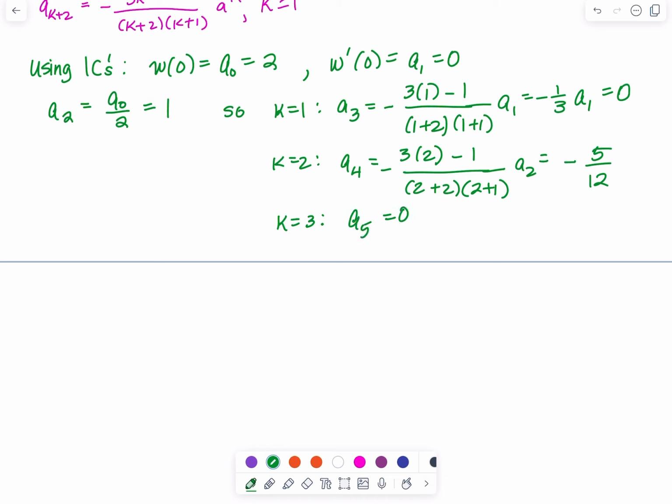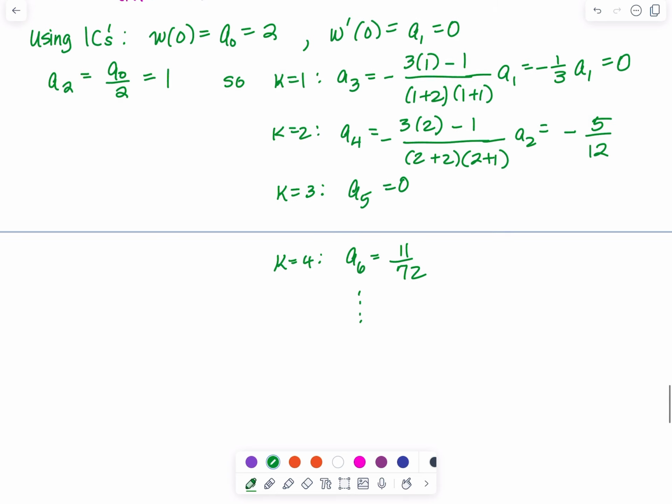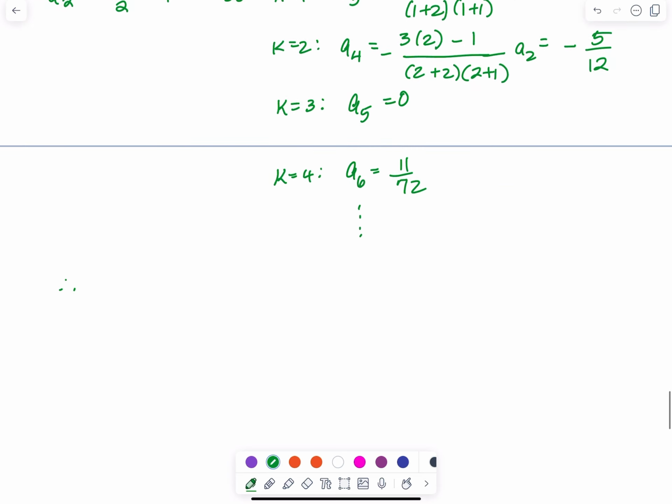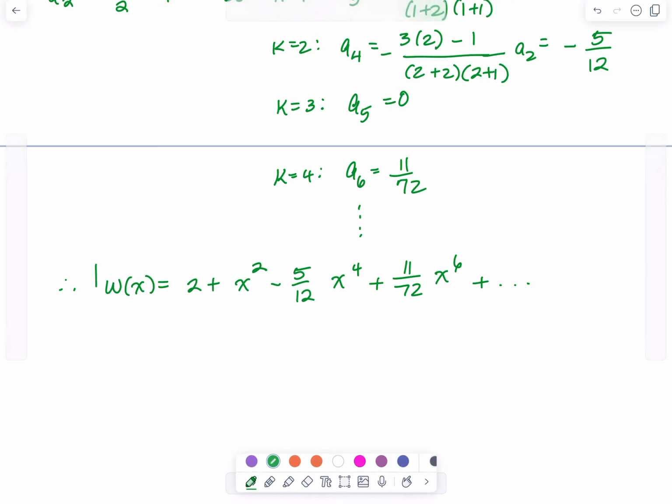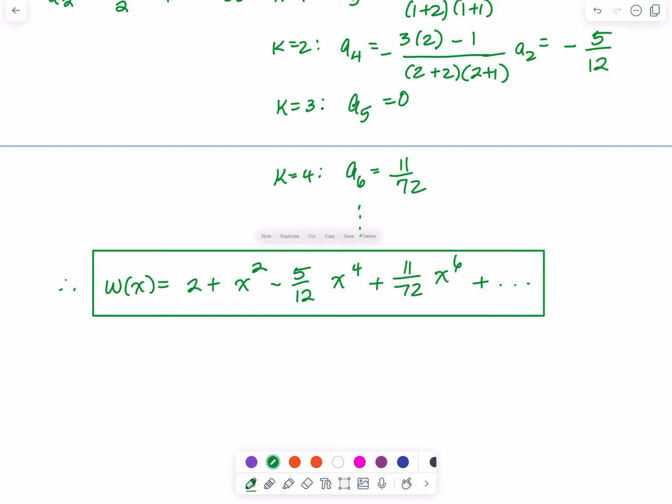And if we compute k equal to 4, we will have a sub 6 is equal to 11 over 72, and so on and so forth. Therefore, our solution, w of x is equal to 2 plus x squared minus 5/12 x to the 4th plus 11 over 72 x to the 6th plus, and so on and so forth. And that concludes this video.